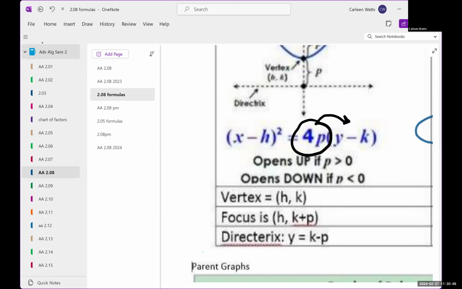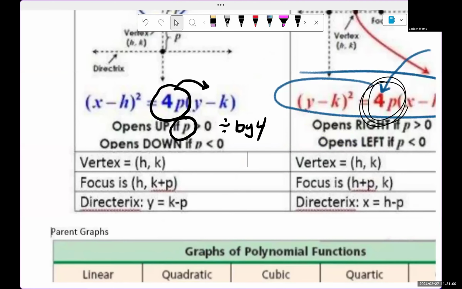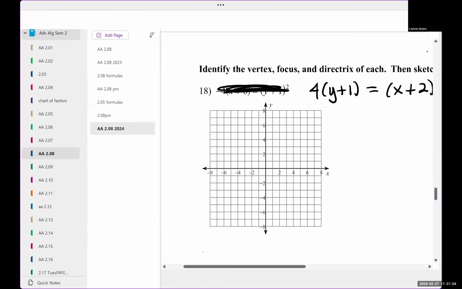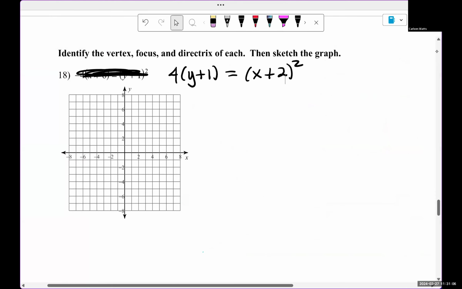And to get p, we're going to divide by 4. Okay, so the parent, since this is positive and this is squared, it is a u going up.